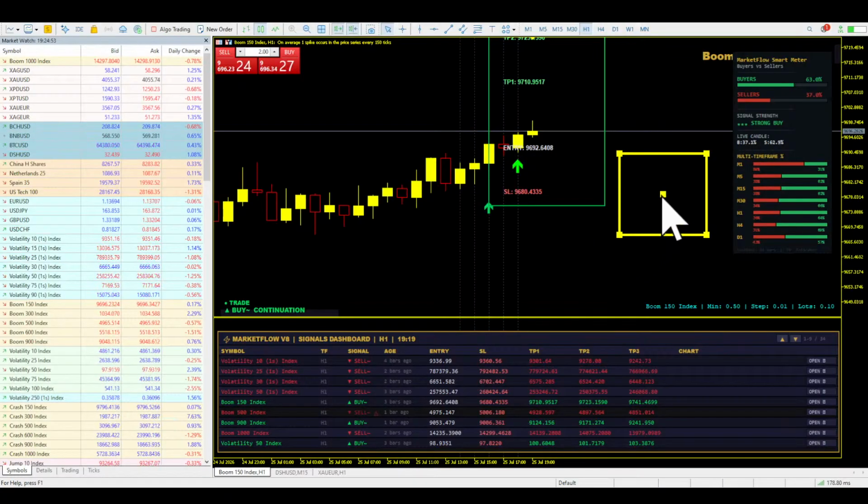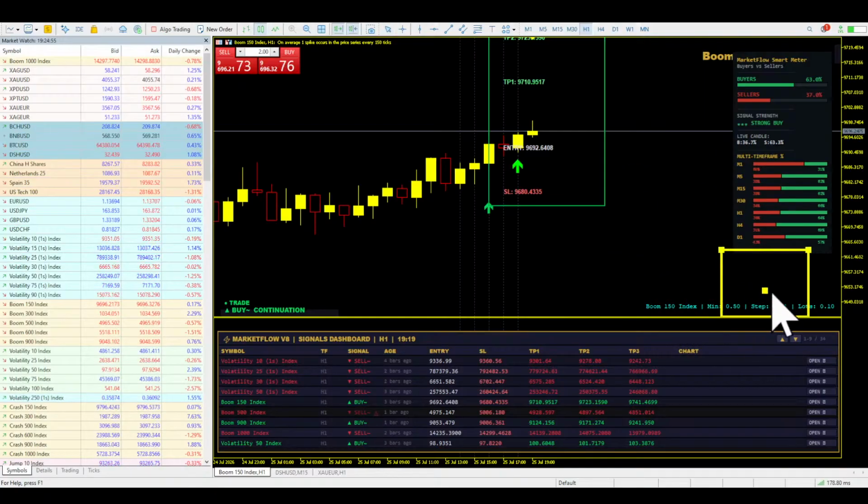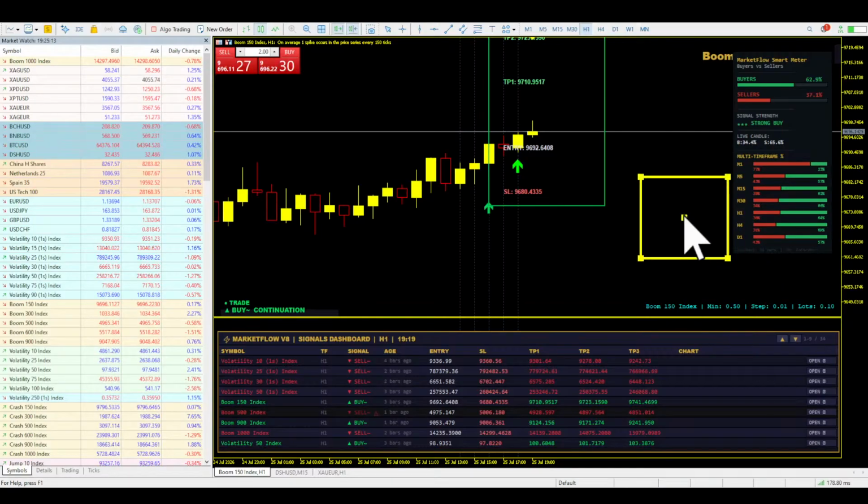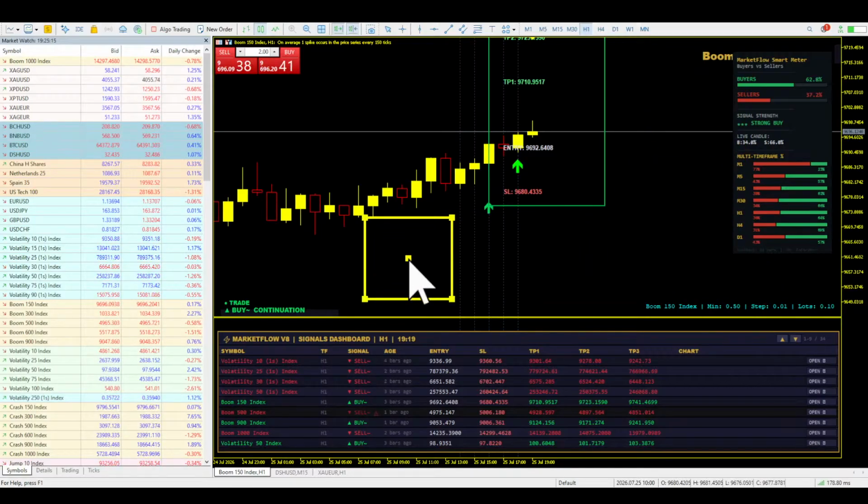And here you see where my block is right now. This is the lot size calculator. It calculates the lot size, and it also gives you the minimum lot size for the instrument that you're working on. On synthetic indices, they don't all start on 0.01.